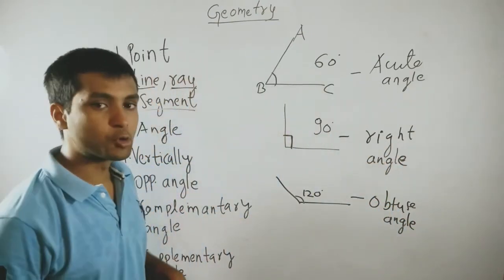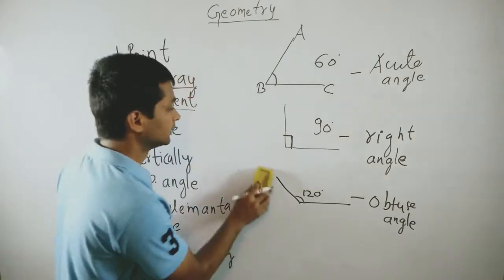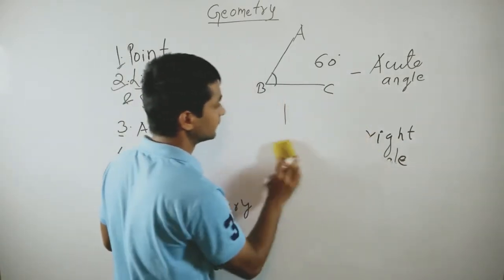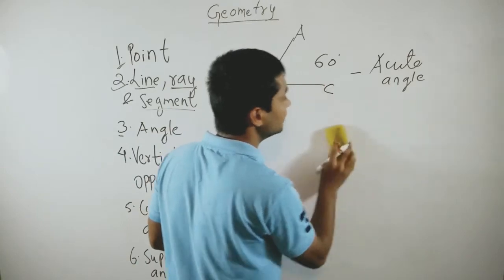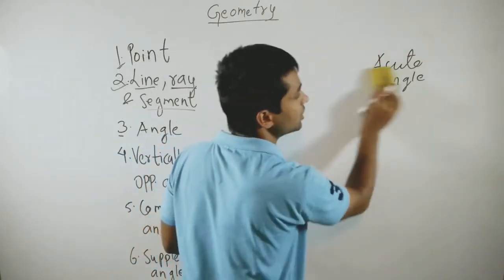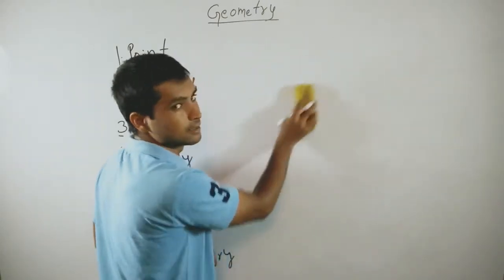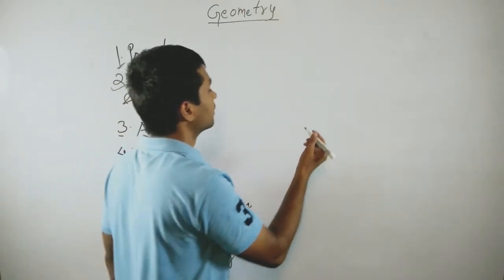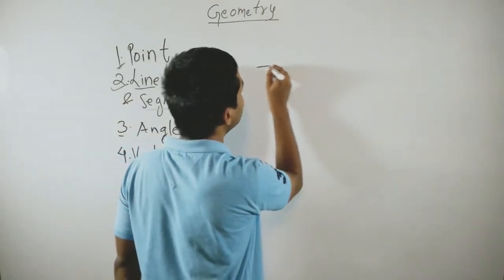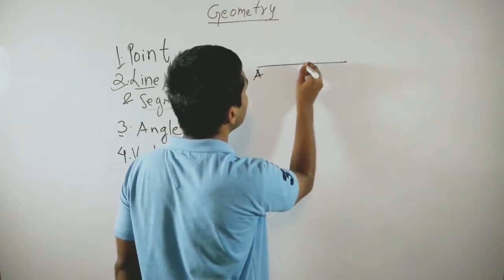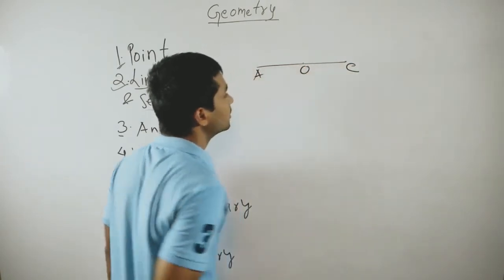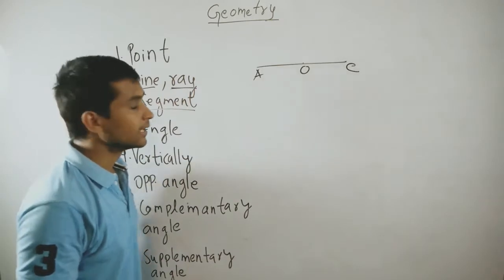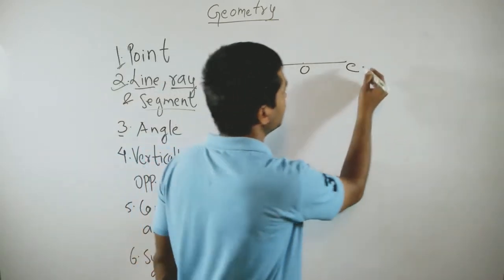We have three more kinds of angles. They are straight angle, reflex angle, and a rotation. I'll show you the examples. Consider this angle AOC here. We can see this is a straight line and it forms an angle of 180 degrees.